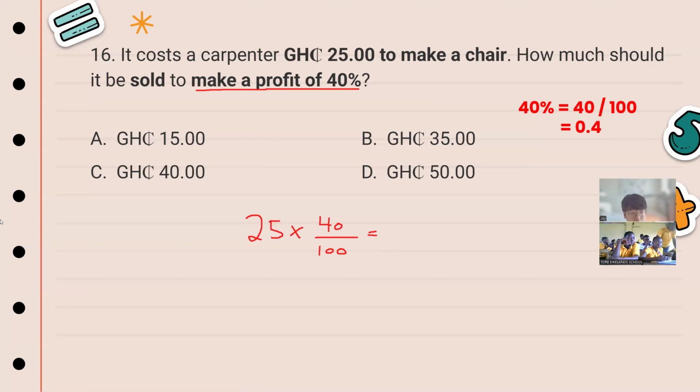So that's the same as, we can take zeros out, 4 over 10. And then we can simplify further. Divide by 2 again, 2 over 5. Then if we simplify, 5 goes into 25 five times, times 2 equals 10.